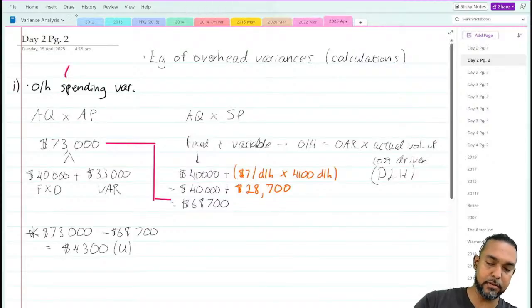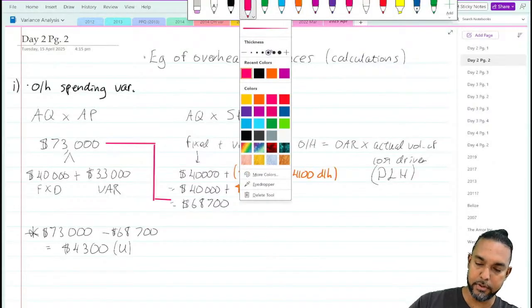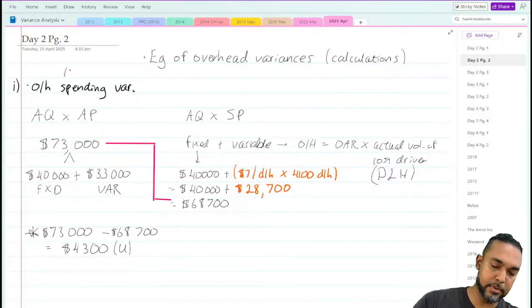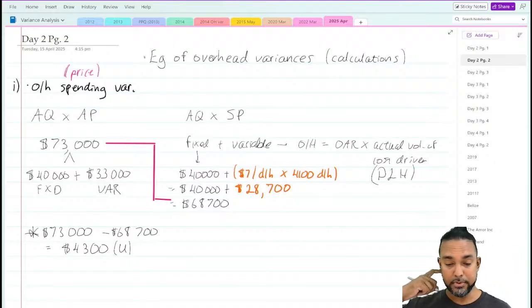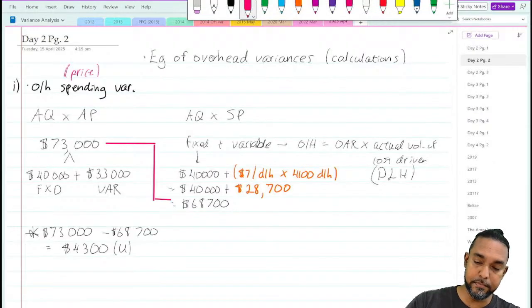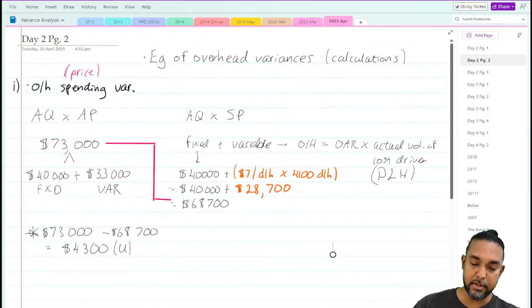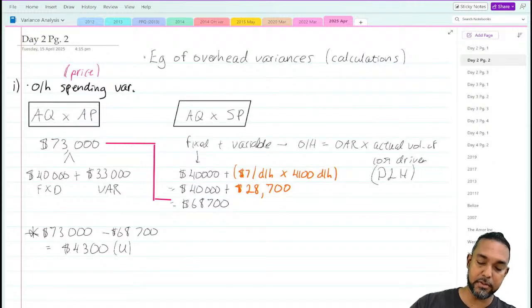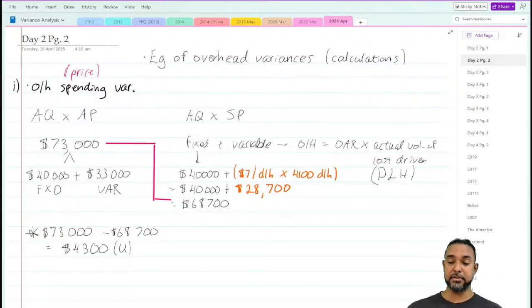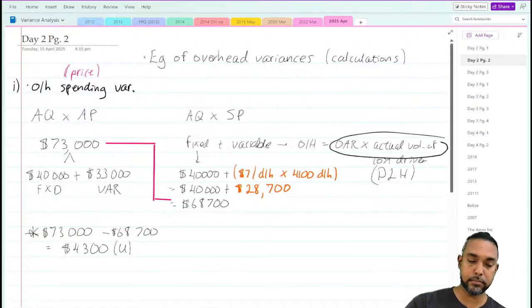You could think of it like a price variance for the overheads, but it's spending, so you're looking at the actual amount incurred and spent. What we have to compare is the actual amount spent on overheads and the amount that should have been spent based on our standard cost, and the standard cost is the OAR.